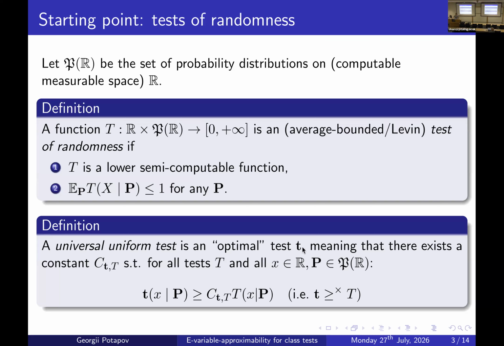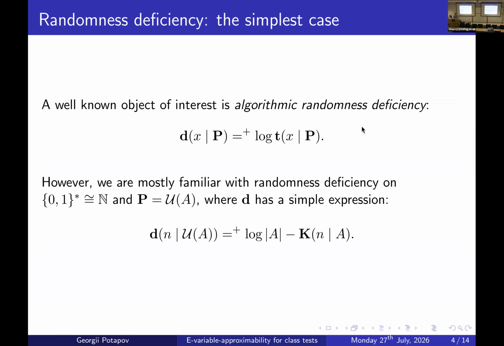And we can always consider a universal uniform test, which is optimal in the meaning that it is asymptotically larger than any other test. Perhaps even more well-known and well-recognized is the binary logarithm of the universal uniform test of randomness, which is called randomness deficiency.